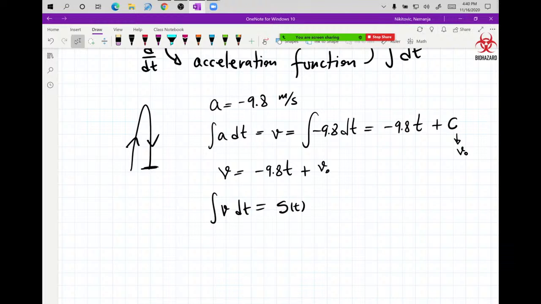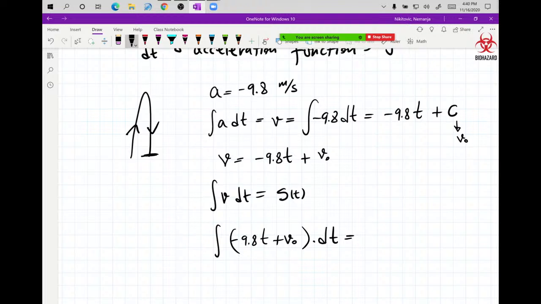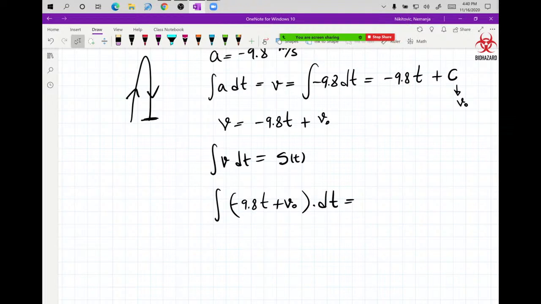Now if I integrate negative 9.8 t plus v0, remember, I have to place all of this in parentheses because I have a times in front of dt. More details on that when we get to 5.2. Relax for now. Just know that the dt has to be there.